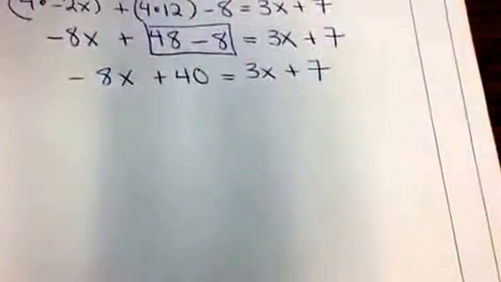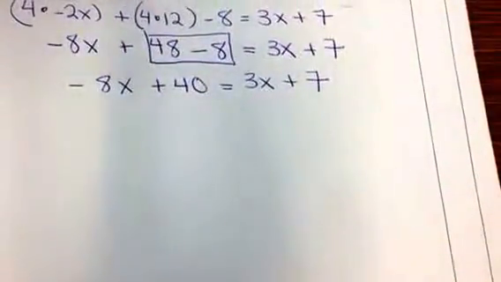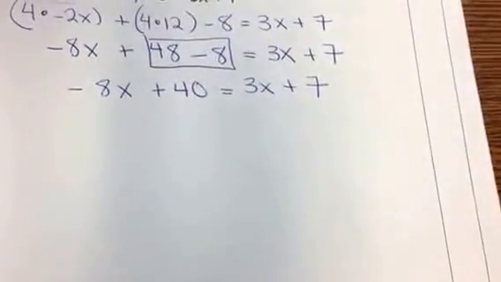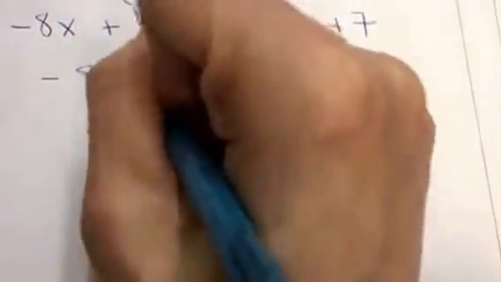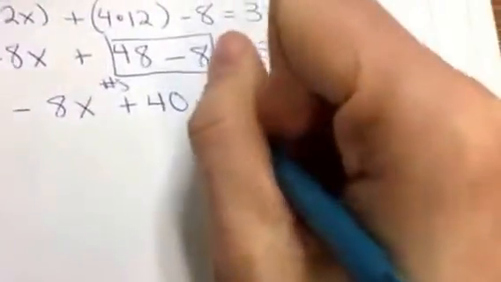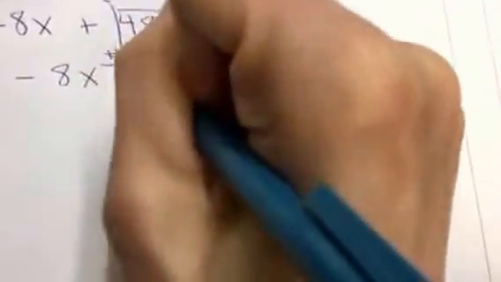Okay, so again, what I need to do is I need to decide which side is my x side and which side is my number side. All right, I like to add my x's, so I'm actually going to put my x's over here, and I'm going to put my numbers over here. All right, so that means I'm going to add 8x to both sides.